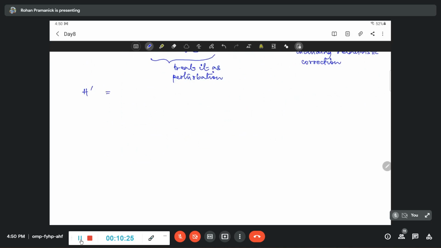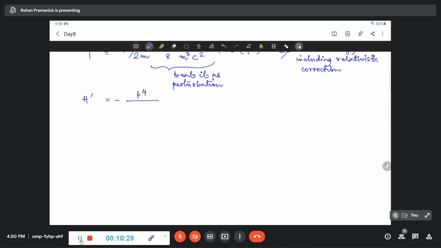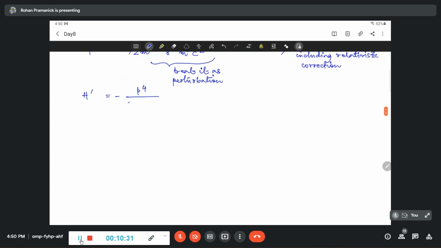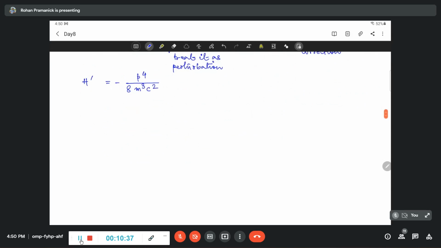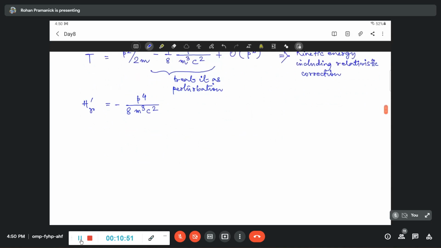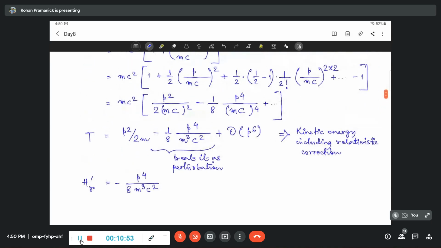This H prime is nothing but minus p to the power 4 by 8 m cubed c squared. So this is the perturbed Hamiltonian, and the relativistic correction is denoted by, let's say, R. We will also use the fine structure, so that's why I have denoted it by R. While using fine structure, we will use some F or something like that.